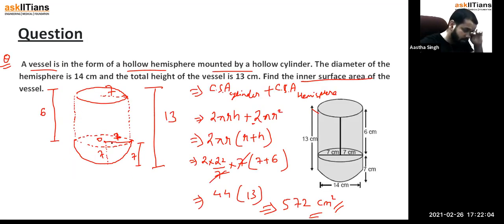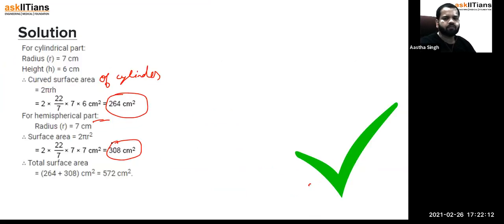So it will save your calculation. You do not have to do two separate calculations. You can do it in one. Okay. So 572 centimeter square is your answer, your total surface area of the vessel. Okay. I'm just telling you whatever. Like suppose a cone is there.